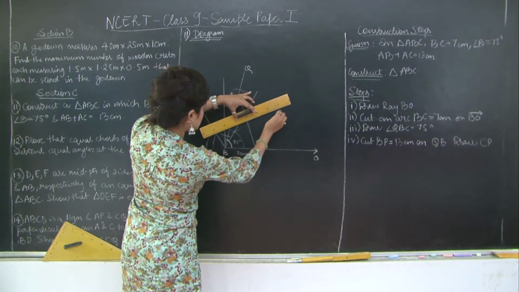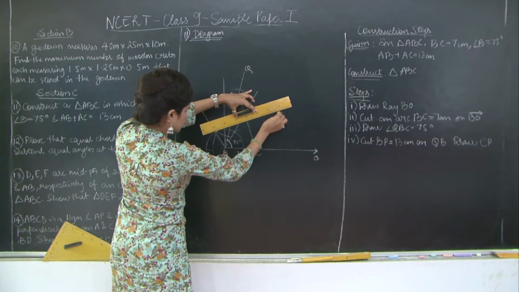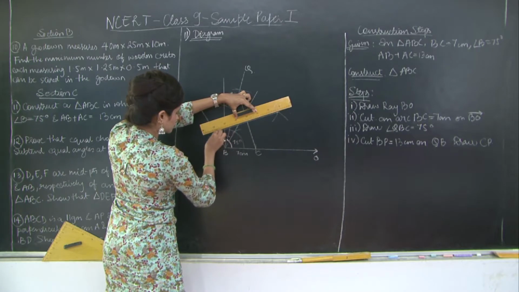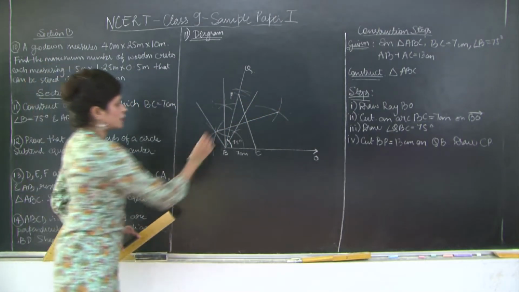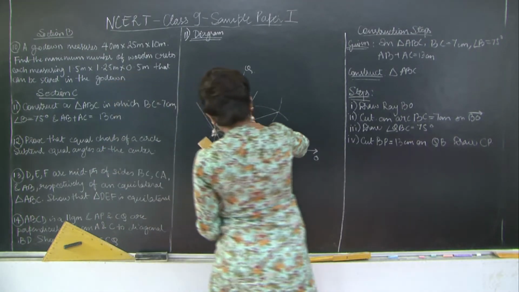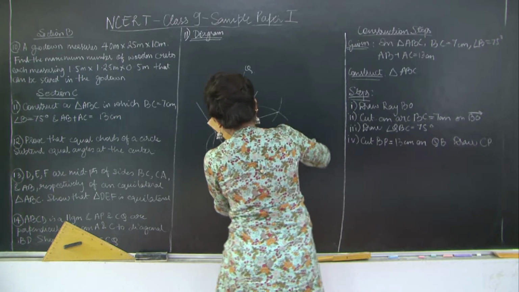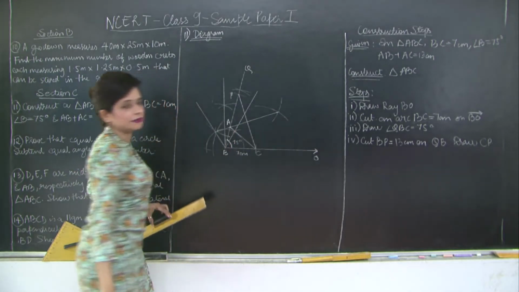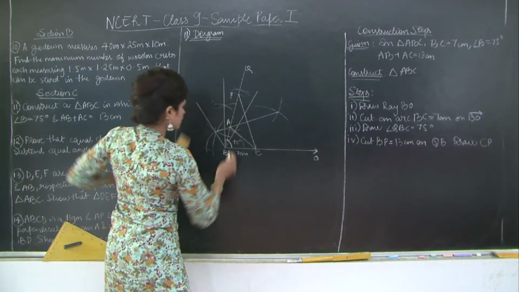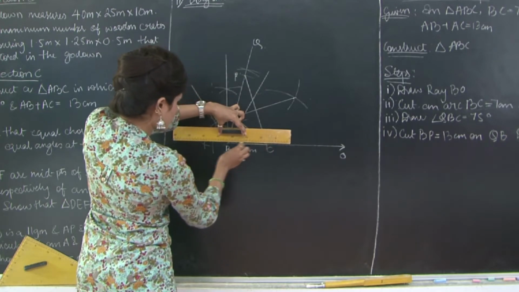These points should connect such that it cuts my line segment BP. Here it is. So it's cutting BP at the point, and I will join this point to C, and you will notice that this is your triangle ABC. So this point A is your required point, and therefore triangle ABC is my required triangle.